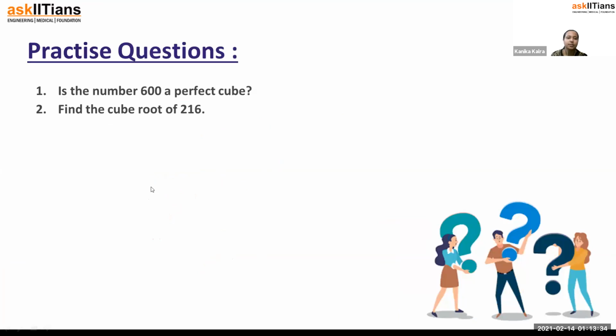All right, so these are the practice questions. Is the number 600 a perfect cube? Let's find the prime factorization of 600.